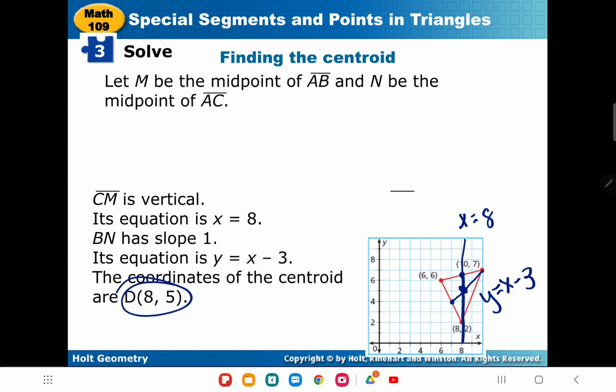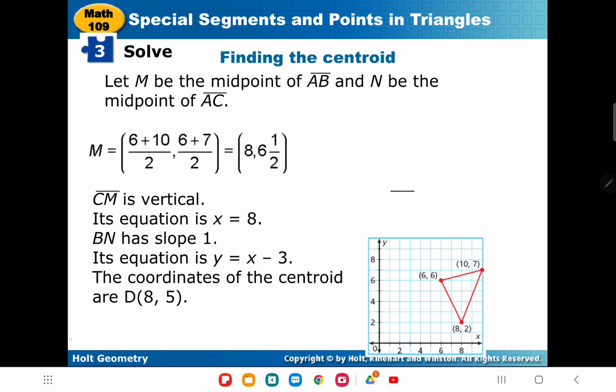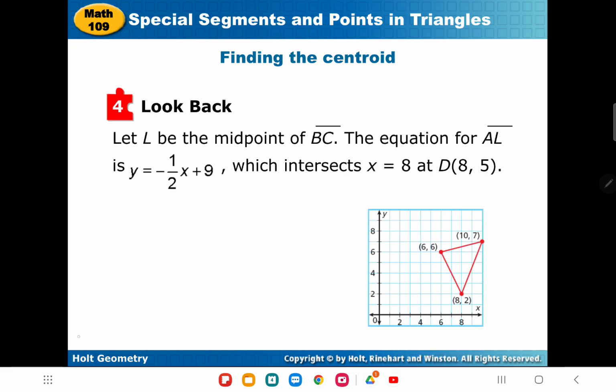That is going to, again, represent the place where the triangular region will balance. So there's my midpoint formulas to calculate. Now, we also could have done this using the equation of AL, and that line would go over here.